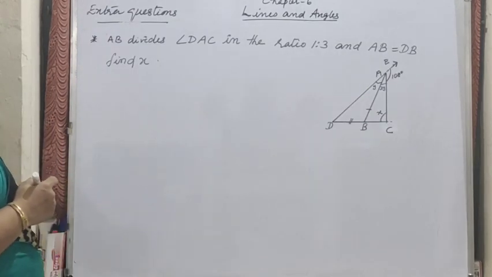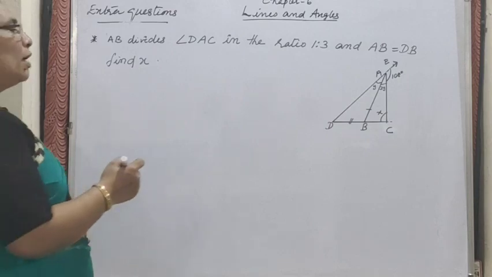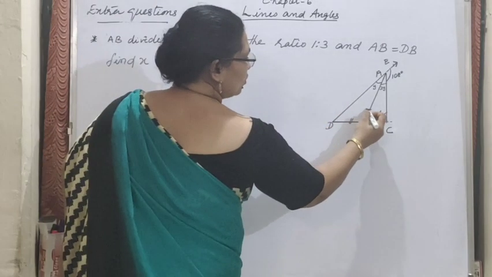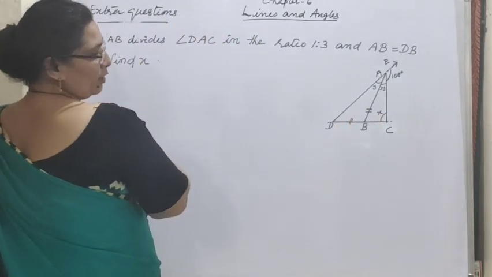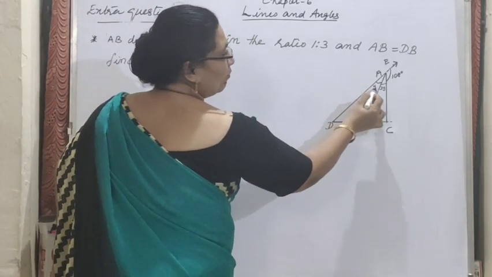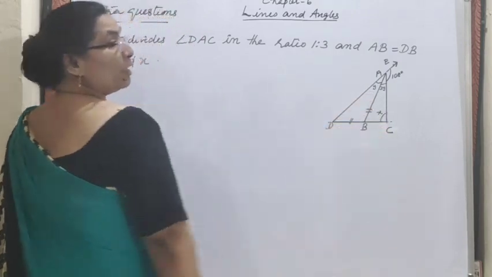AB divides angle DAC in the ratio 1:3 and AB equal to DB. AB equal to DB means these two sides are equal, and find x, only that is the question. So it is divided in 1:3. Already x is given, so we have taken it as y and 3y.